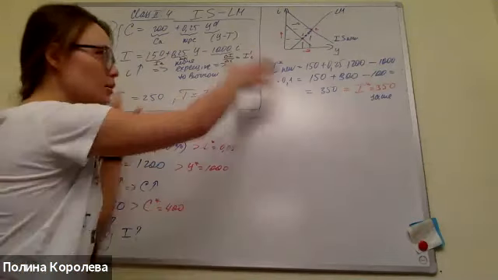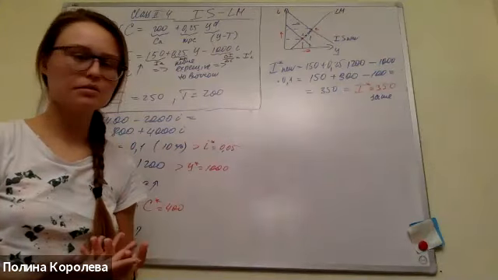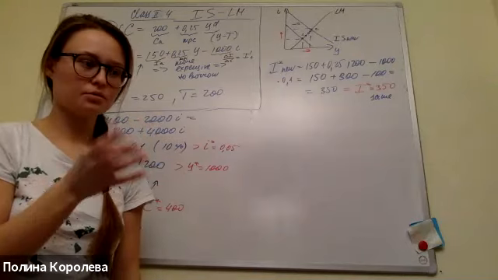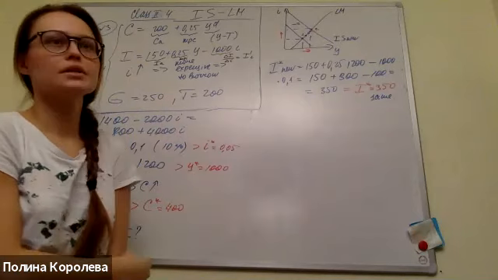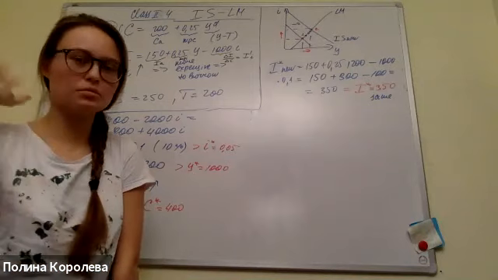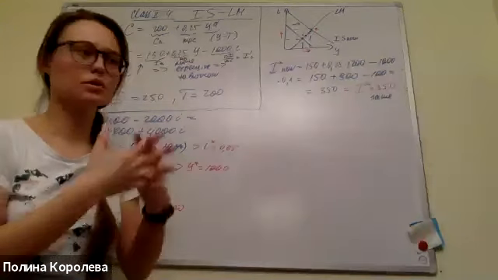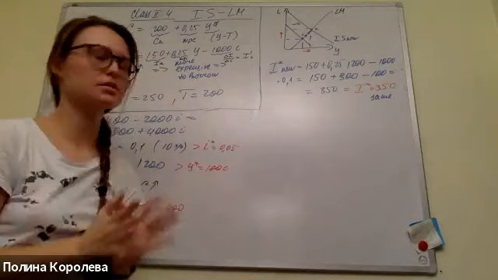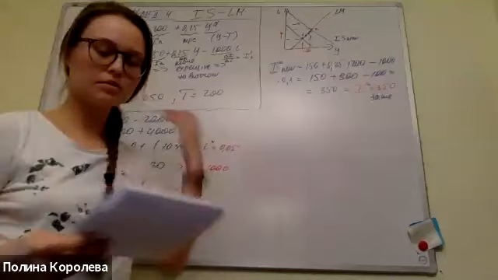So in our task it's better to use fiscal policy, but we cannot really compare, because in fiscal policy the government spends 400 more, and in monetary policy the central bank prints, I don't know, 240 million more, and we cannot compare what the government and the central bank do. Okay, good.